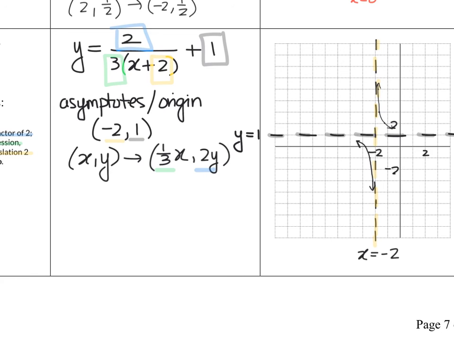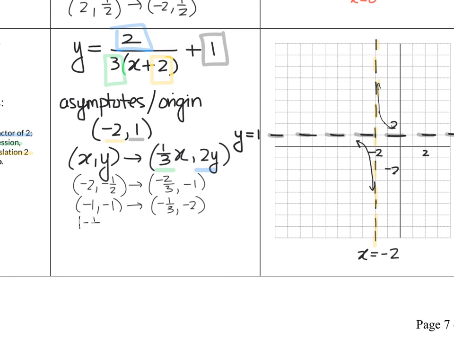And if you're not sure of how I moved those points, I will just show you the modified mapping notation formula again here. So x, y will become 1/3 x and 2y. So then I'm going to end up having negative 2, negative half, turn into negative 2/3, negative 1. Negative 1, negative 1 is going to turn into negative 1/3, negative 2.